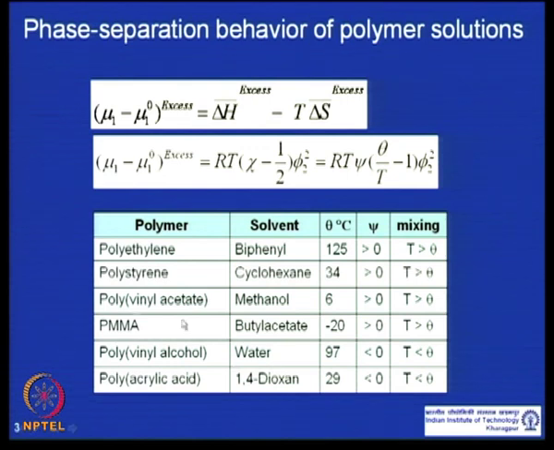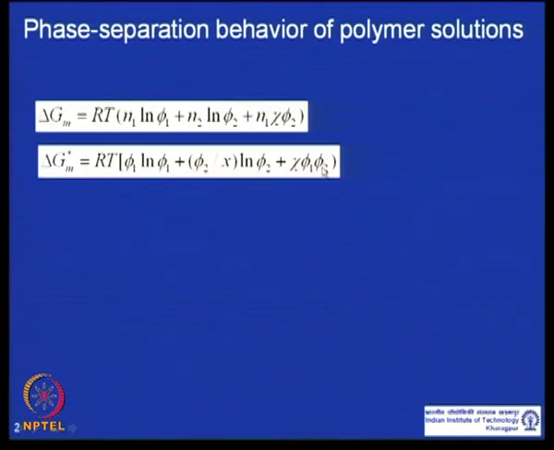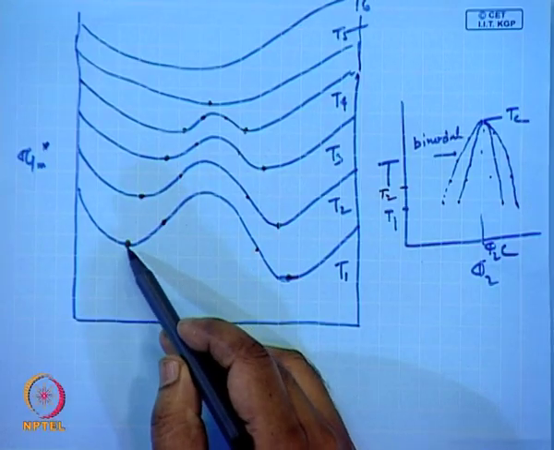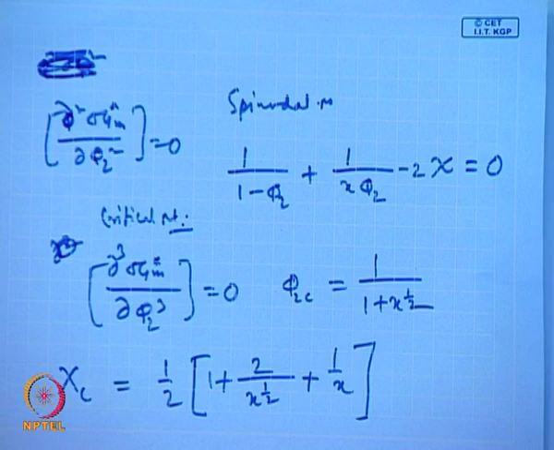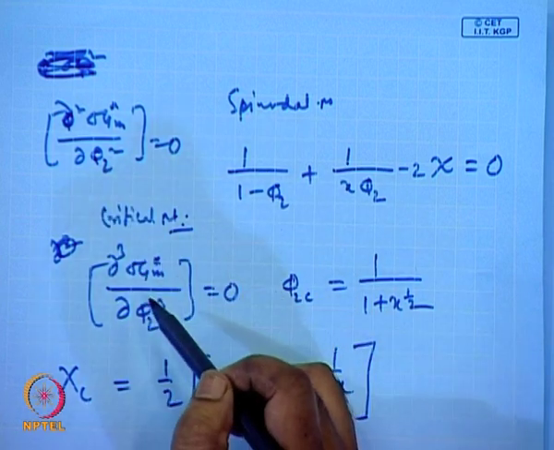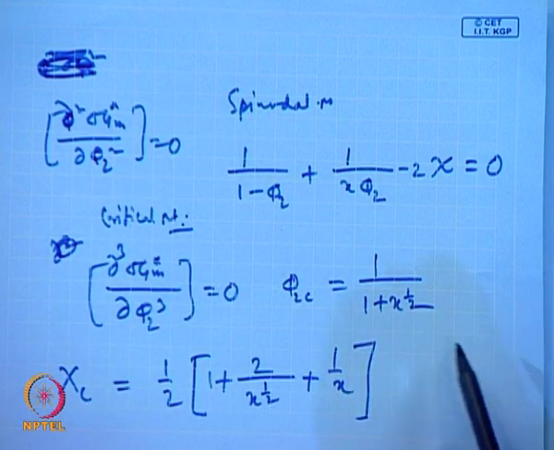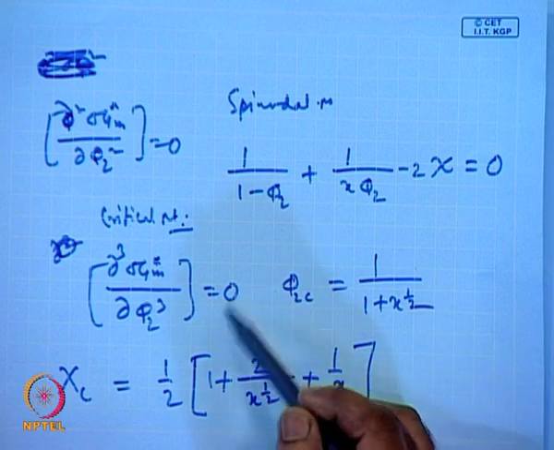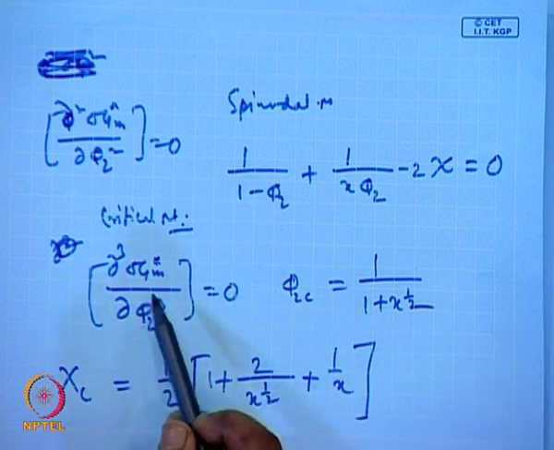What we have seen in the last lecture is that for these binodal points you have the first derivative 0, for spinodal points you have the second derivative 0, and for the critical point, where both the spinodal curve and the binodal curve merge, the third derivative is also 0.